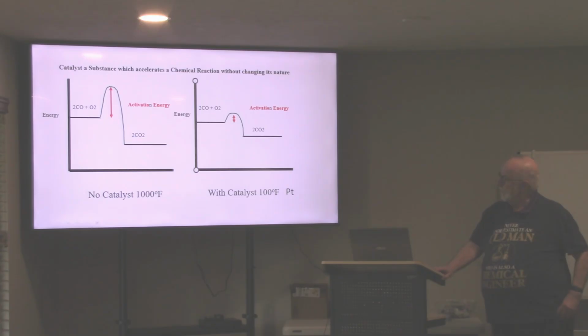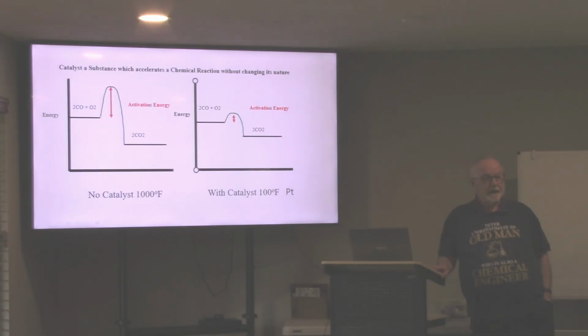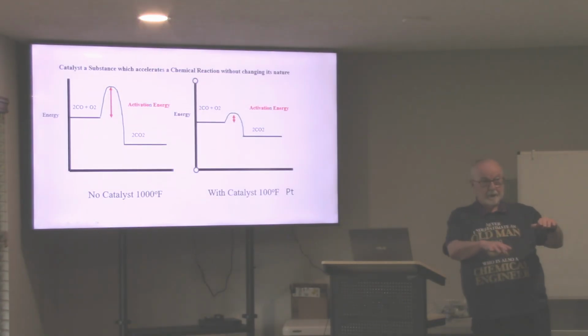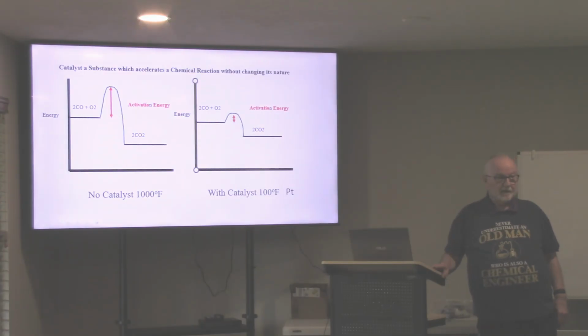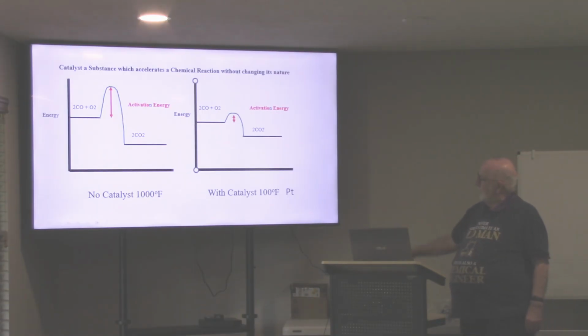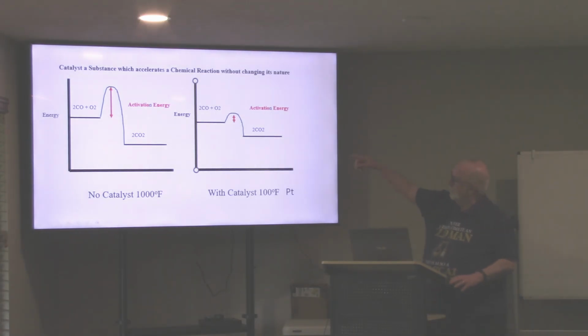And that activation energy is what keeps nitrogen from converting to nitric acid in the atmosphere. Thermodynamics would say it should end up as nitric acid, but the Lord has provided a huge activation energy for that, so that it does not. Now, if you put a platinum catalyst in there, this activation energy is reduced, and it will oxidize at 100 degrees Fahrenheit.